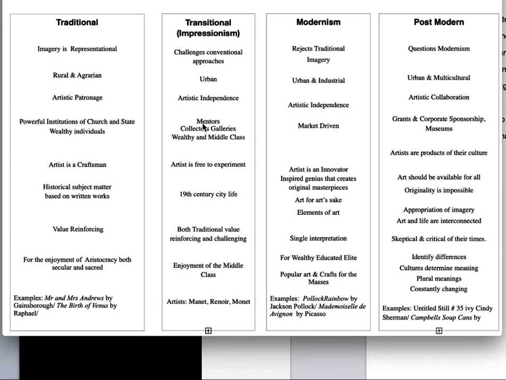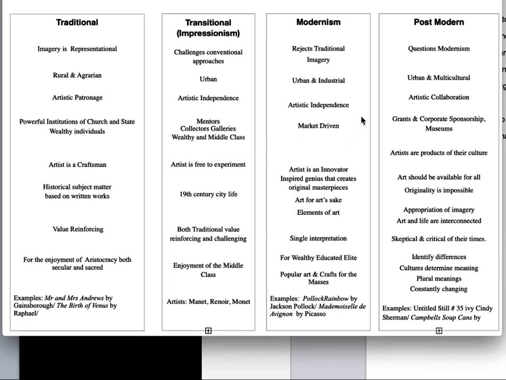And it moves into a different form of patron support. So there may be mentors, but now we have a lot of collectors and galleries selling the art, representing artists to the wealthy and middle class. The middle class are now able to afford artworks, and they can go to a gallery to purchase the work of an artist under the recommendation of that gallery owner.